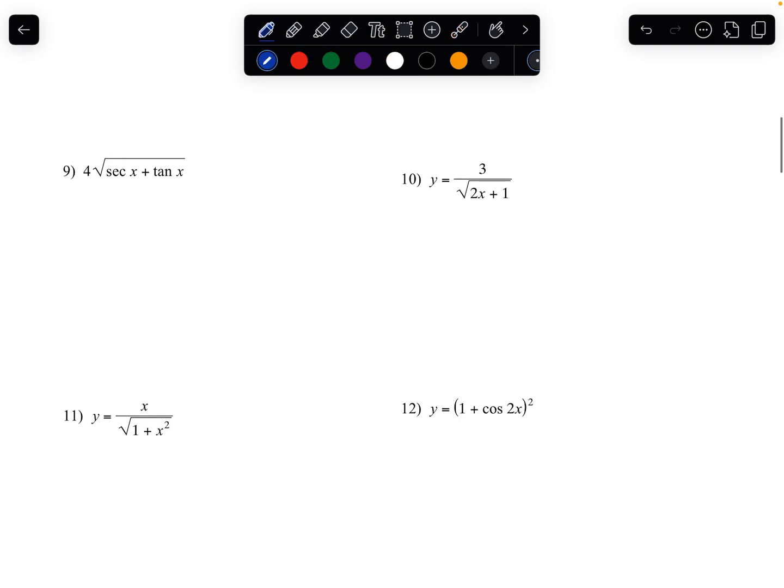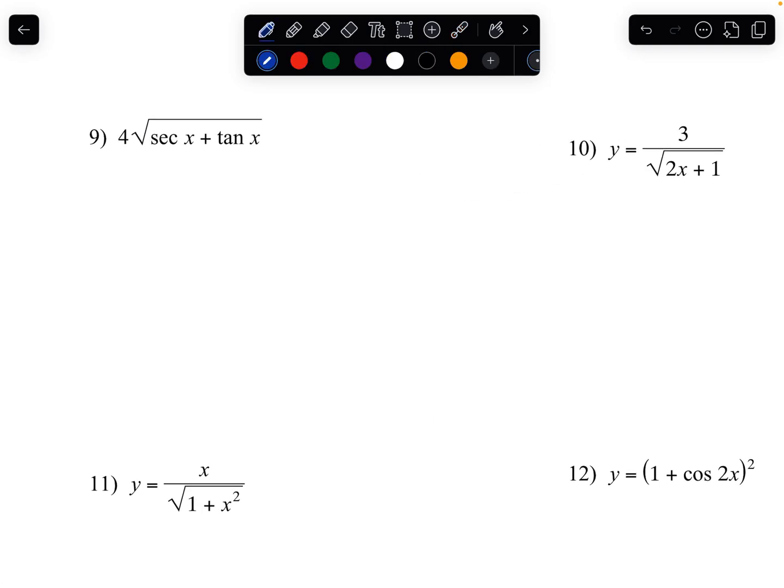So when I take the derivative of this, I'll just say y prime is going to be equal to, the 4 is going to remain, and then it's going to be 4 over 2 square root of secant of x plus tangent of x.